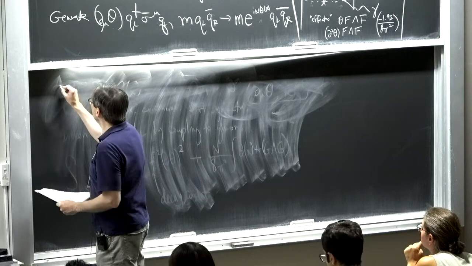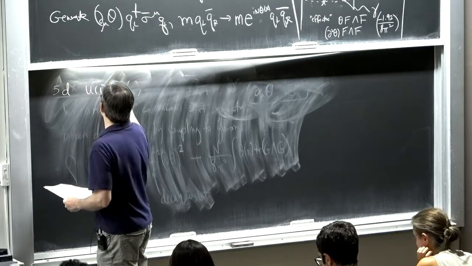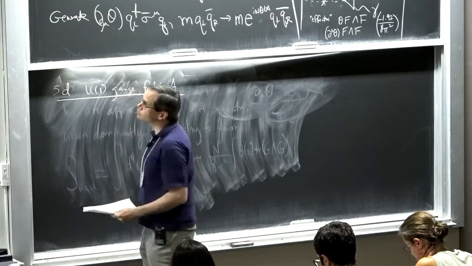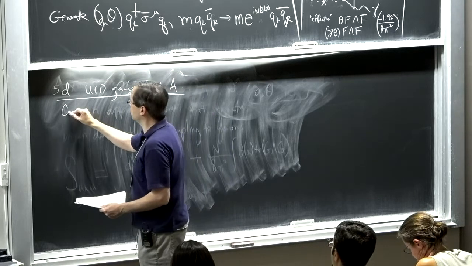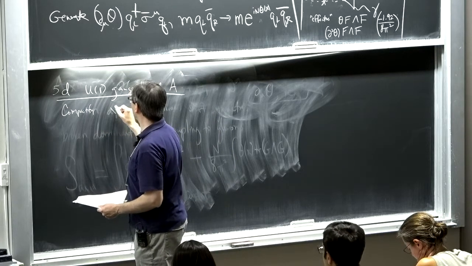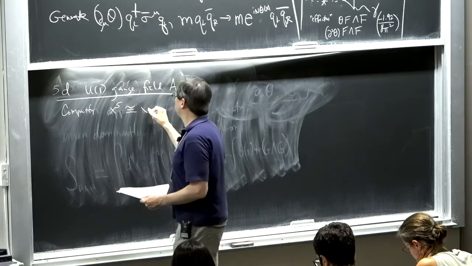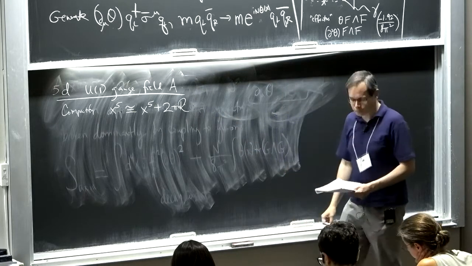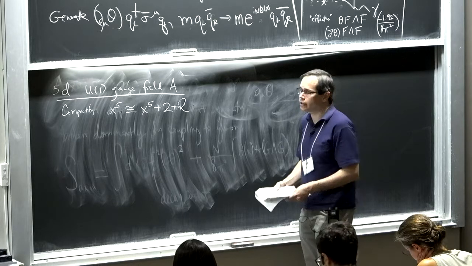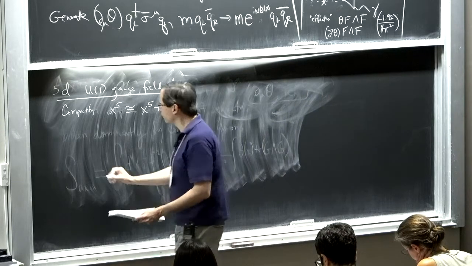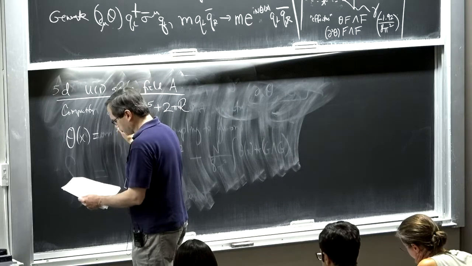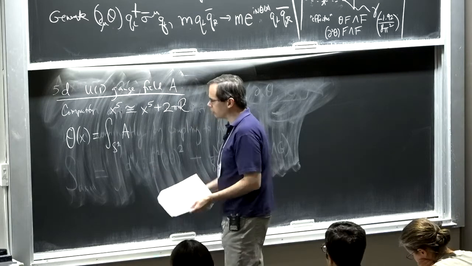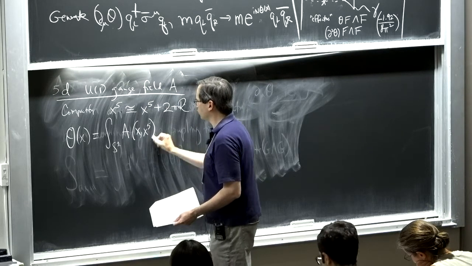Okay. So we're going to have a 5D theory with a U(1) gauge field A, and we're going to compactify on a circle. So I'm going to have a 5th coordinate, x5, where x5 is identified with x5 plus 2 pi R. When I compactify this theory to 4 dimensions, I'm going to get a field theta, which is the integral of A, my 5D gauge field, around the circle.